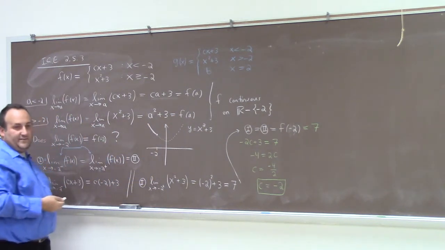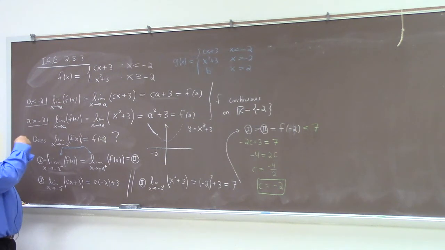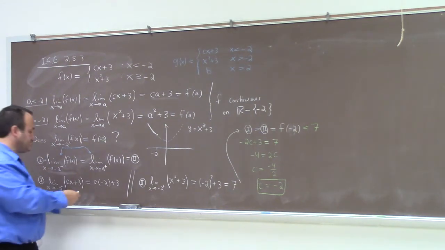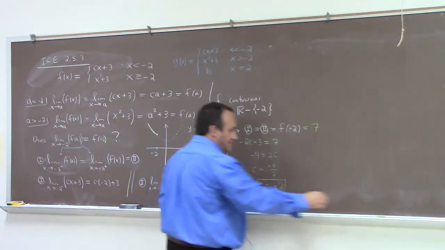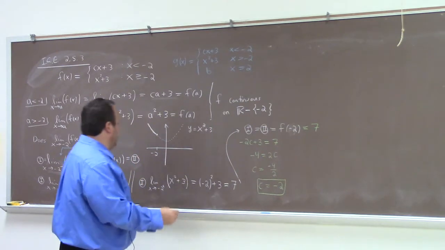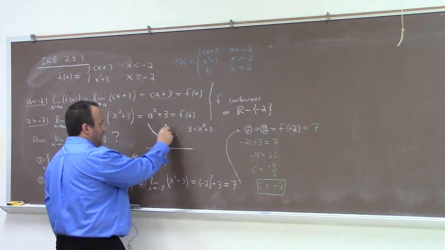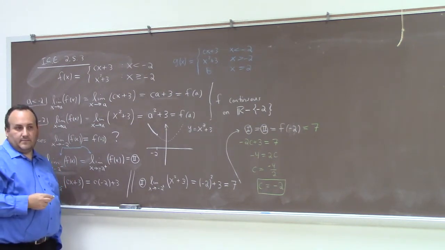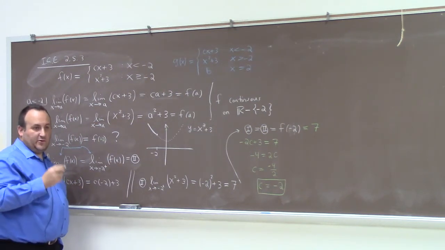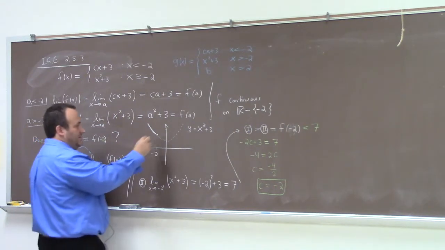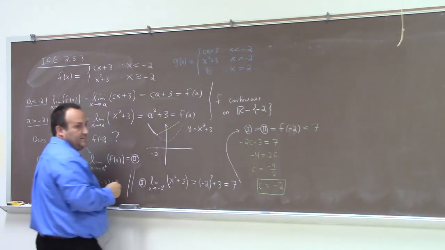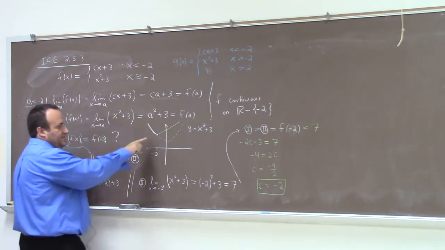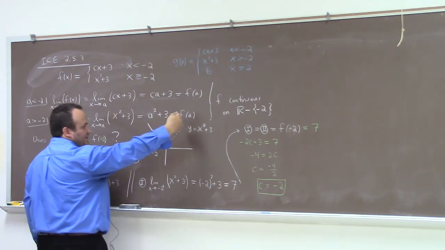Now, cx plus 3 is a line with y-intercept 3 and slope c. In order for this to be a continuous function, you got to have these meet. And so that's why we had to choose c equals minus 2 to get that negative slope.